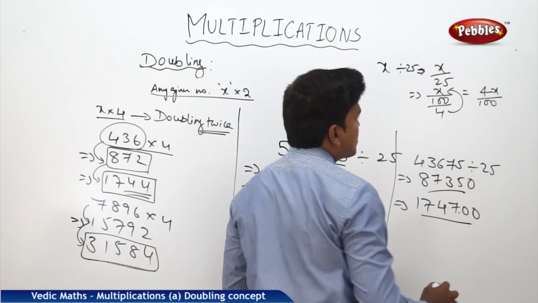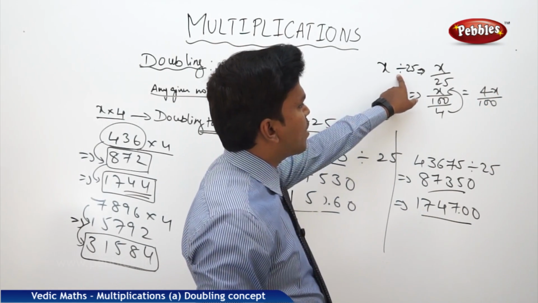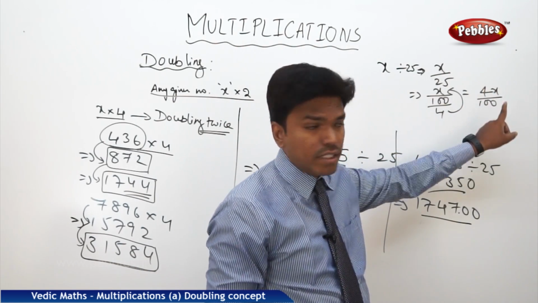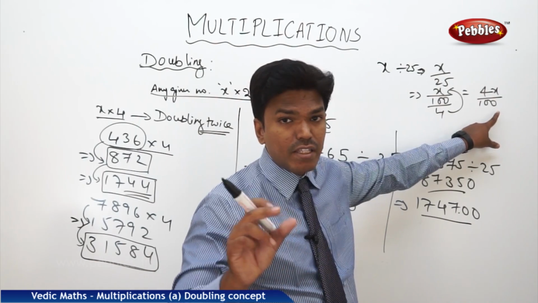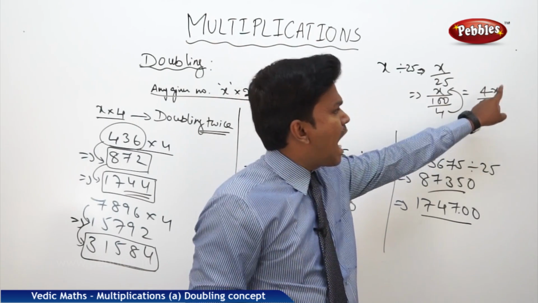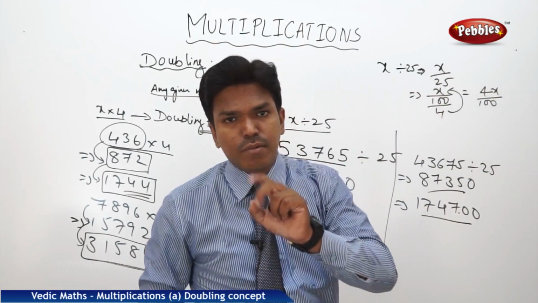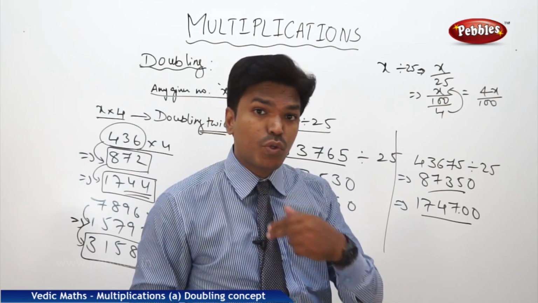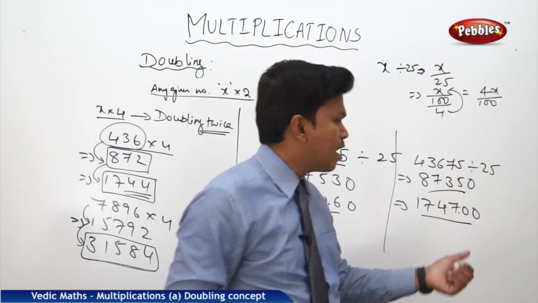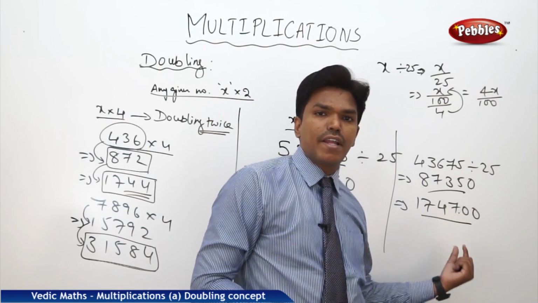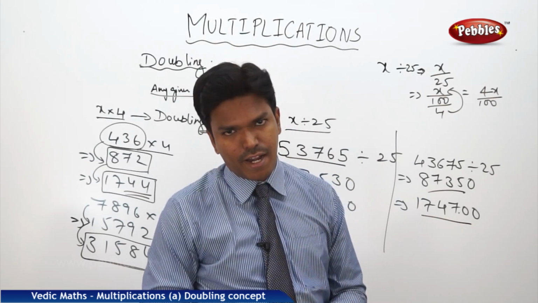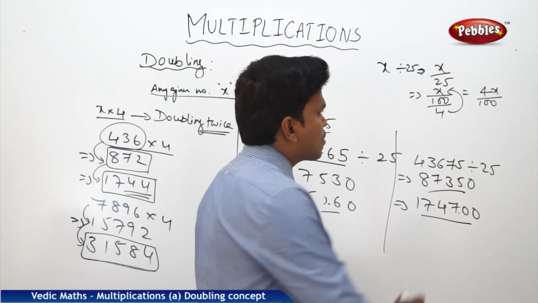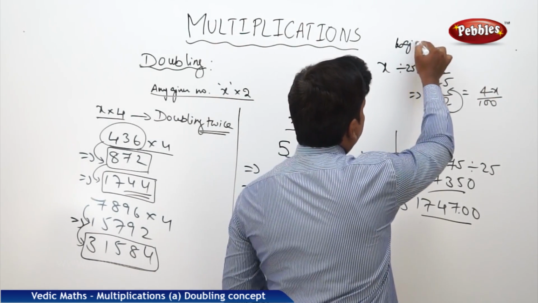That means dividing any number by 25 is nothing but multiplying the number by 4 and then dividing the result by 100. As I said, multiplication by 4 is nothing but two times doubling. The same thing I am doing. After doing the twice doubling, putting a decimal point after 2 digits from the right is nothing but division by 100, as we have already seen. So this is the logic behind this.